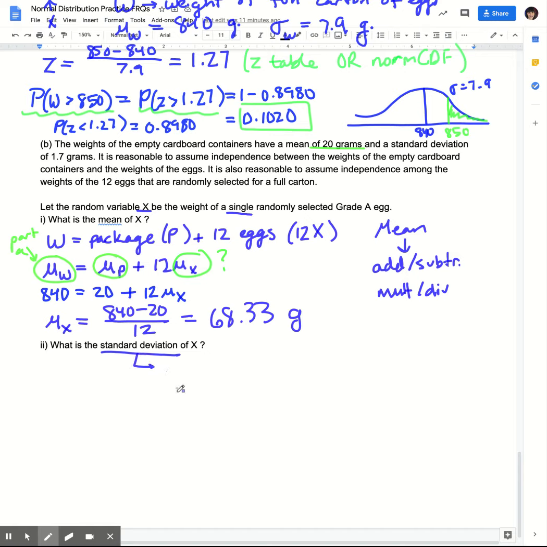You want to deal with variances. We never really add or multiply with standard deviations. You have to use variances.